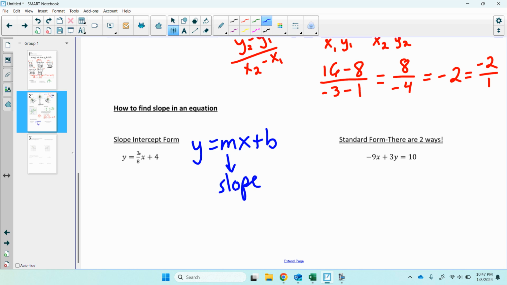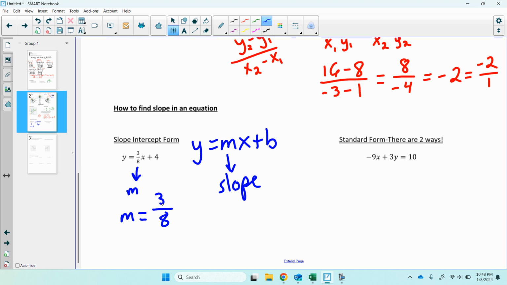So we find our x term in the equation that we're given, and that number in front of the x, or being multiplied times the x, is our m. So in this case, the slope is 3/8. Remember not to include the x in that slope. Rise over run is just a value, no variables. So 3/8.